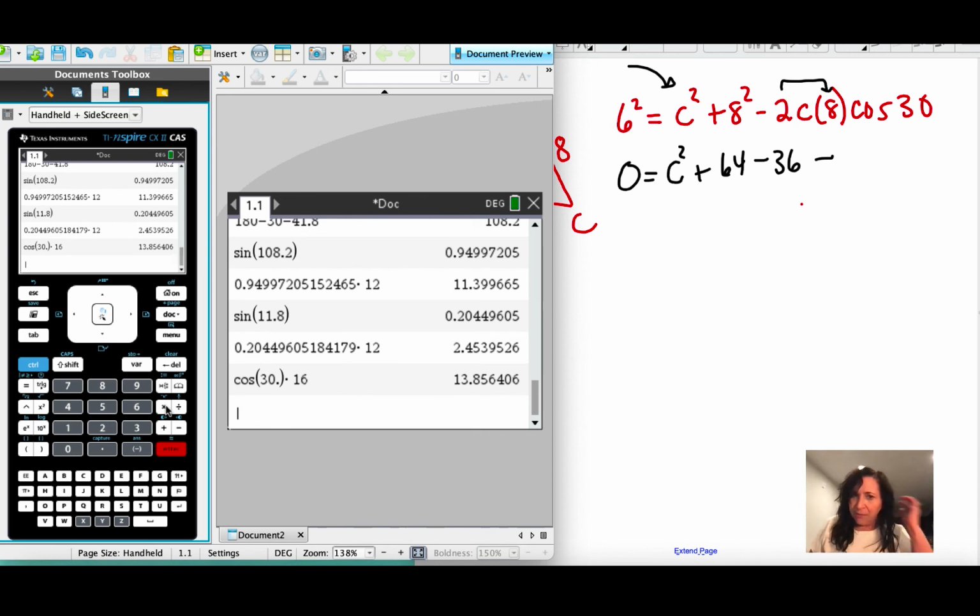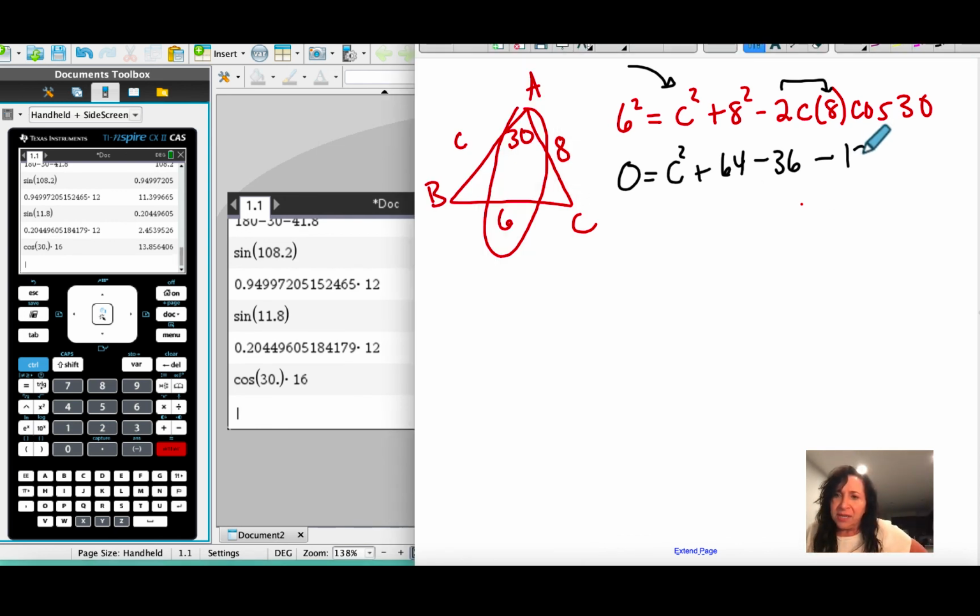I get 13.9. So minus 13.9, and I still have this c here. What's happening is that this is one term, right? 2 times c times 8 times cosine of 30. Well, 2 times 8 times cosine of 30 is 13.9. You still have the c.